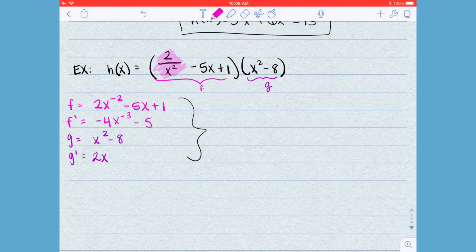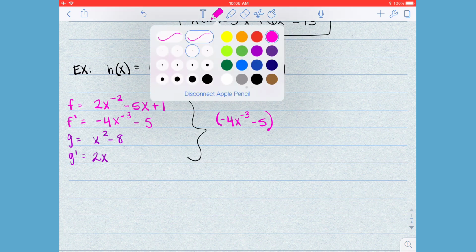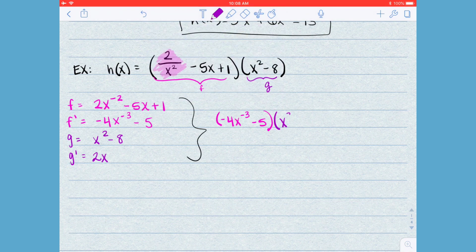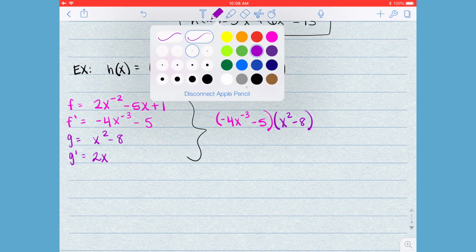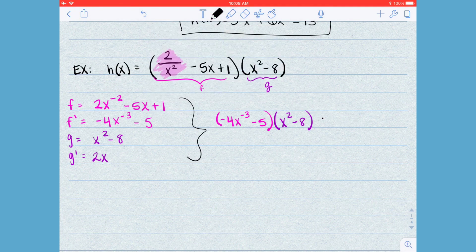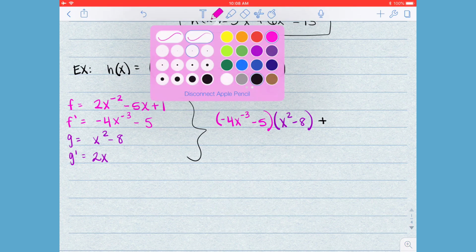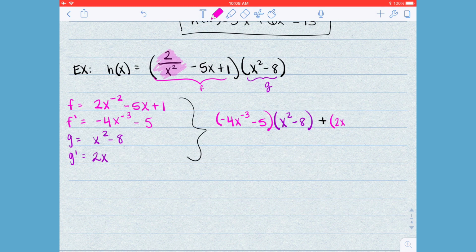So I have f prime, which is negative 4x to the negative 3, and then minus 5, times regular g, which is x squared minus 8, added to my regular f, which is 2x to the negative 2 minus 5x plus 1, times my g prime, which is 2x.